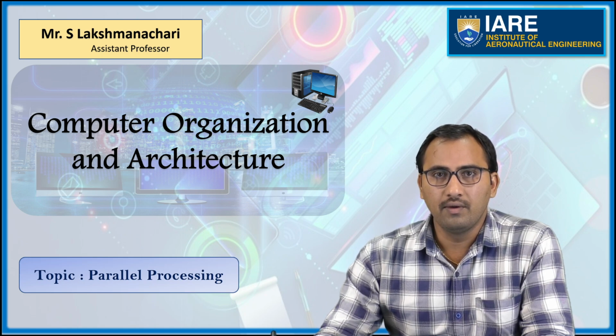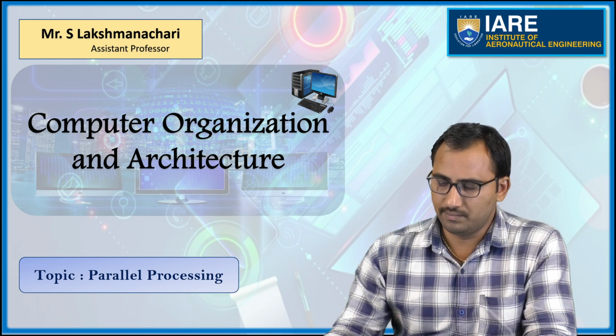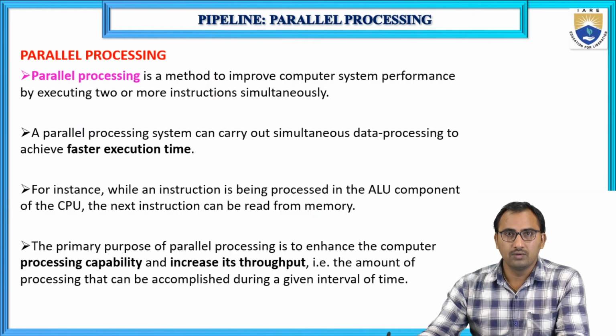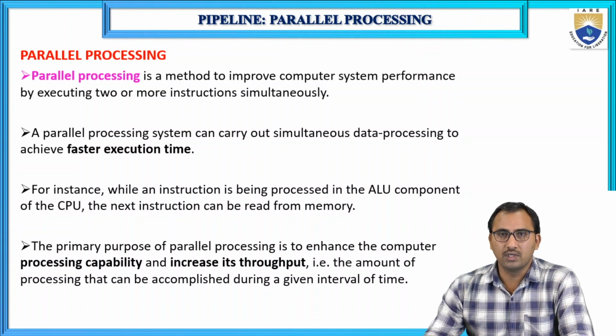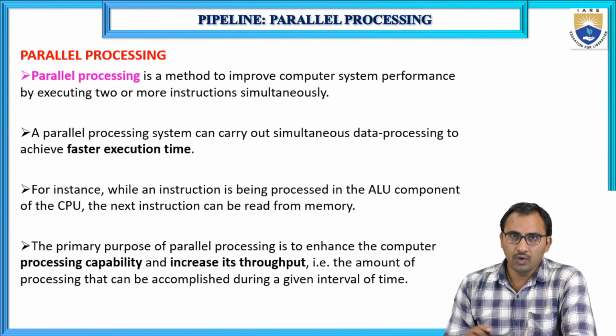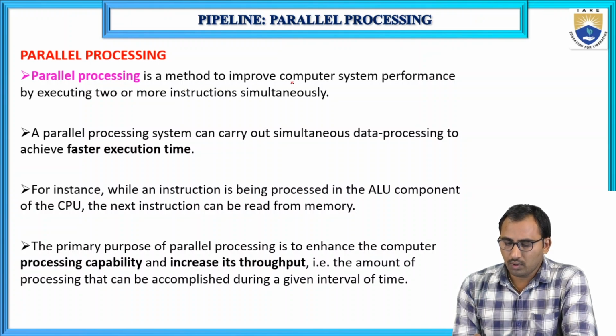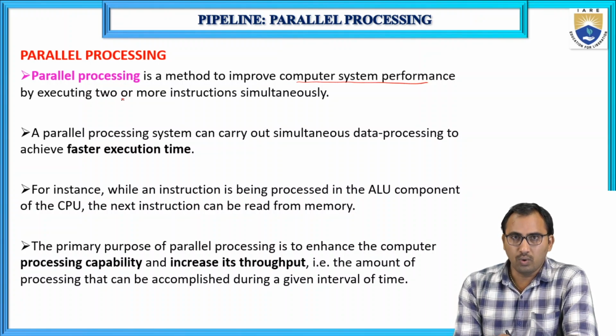In this lecture, we are going to discuss the topic of parallel processing. Parallel processing is used in multiprocessor systems. It is a method to improve computer system performance by executing two or more instructions simultaneously.